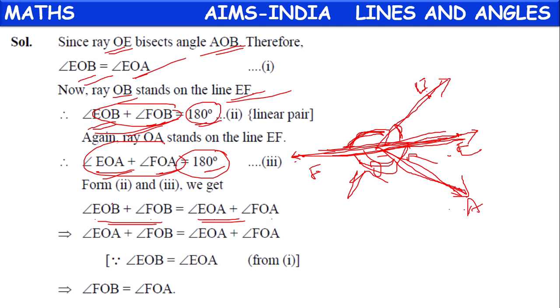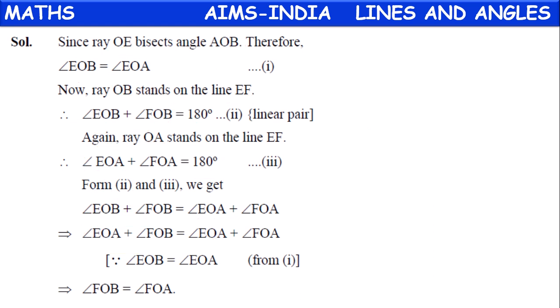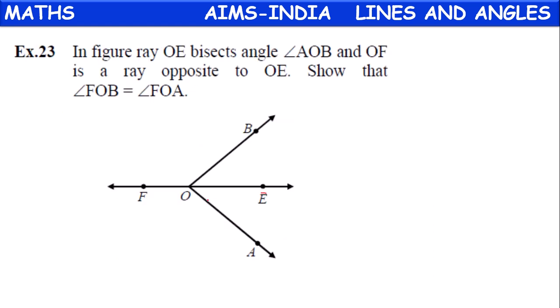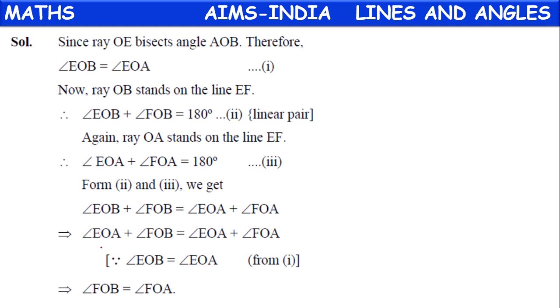But in place of EOB we can write EOA. So EOA plus FOB equals EOA plus FOA.